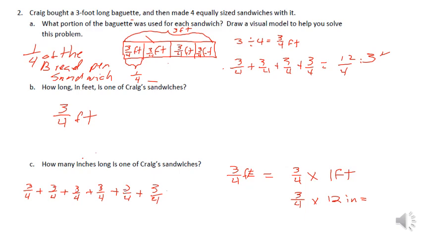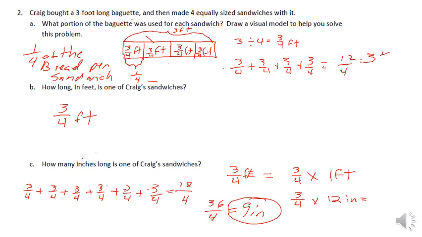Now I'm going to add 6 and double it. So we know it'd be fourths. It'd be 3, 6, 9, 12, 15, 18. So I know 12 is going to be 36/4. And 4 will go into 36 because I know 9 times 4 is 36. So each one would be 9 inches long.